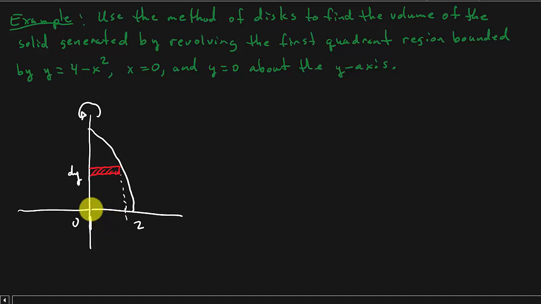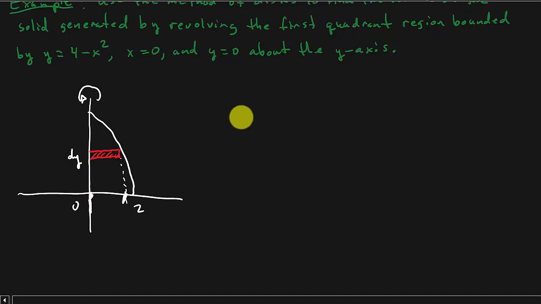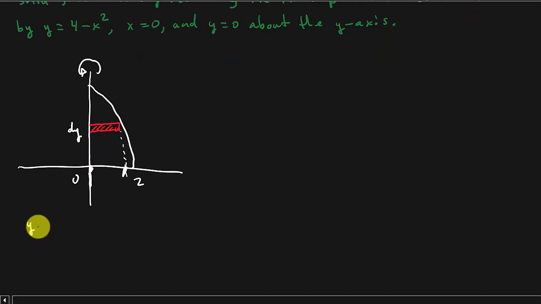Well, what's the distance from here to here? It's x, right? But what does my function have to be in terms of? It has to be in terms of y. And so I've got to take y equals 4 minus x squared, and so that's going to be x squared equals 4 minus y. So x is equal to the square root of 4 minus y.